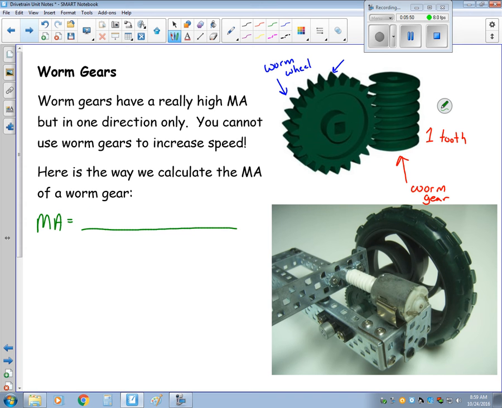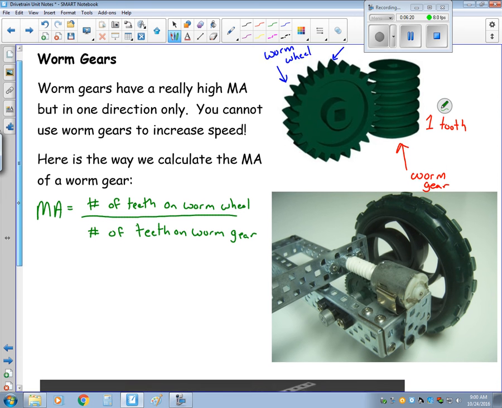this will equal the number of teeth on the worm wheel divided by the number of teeth on the worm gear.